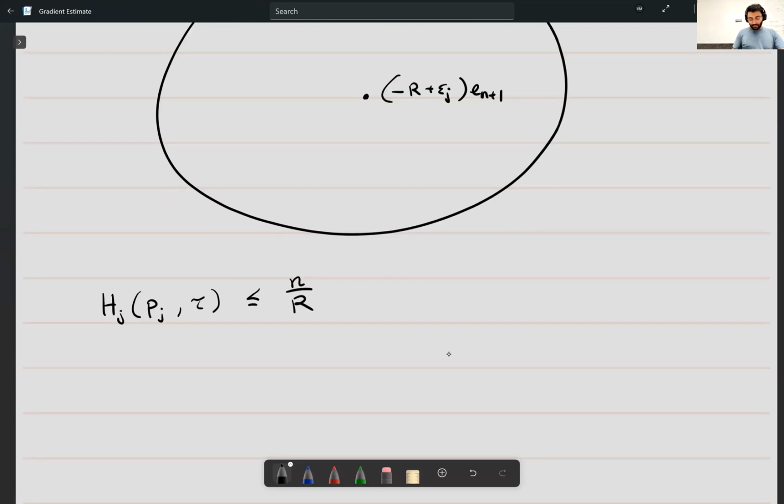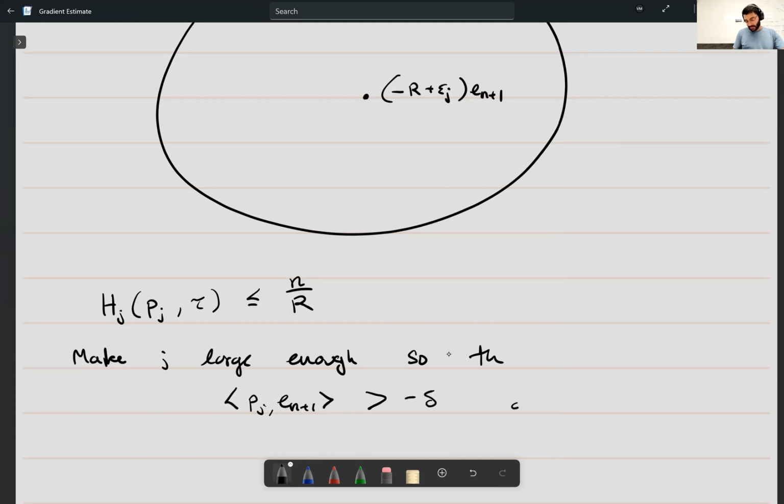Also, make j large enough so that the n plus 1 component of p_j is greater than some minus delta, where delta is greater than 0.